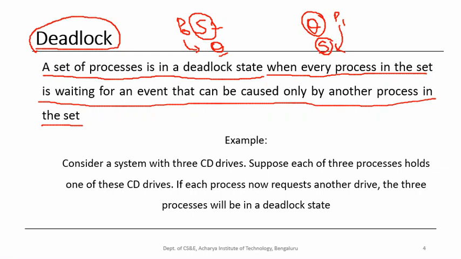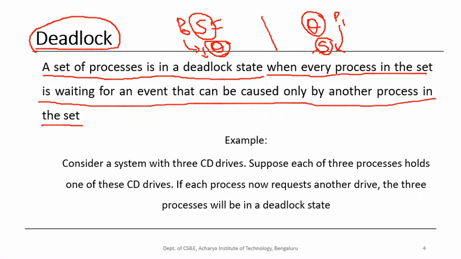So P0 cannot proceed unless P1 releases the lock on S, and P1 cannot proceed unless P0 releases the lock on Q, right? This is what we discussed when we discussed semaphore. I think it is clear. Did I say that correctly?